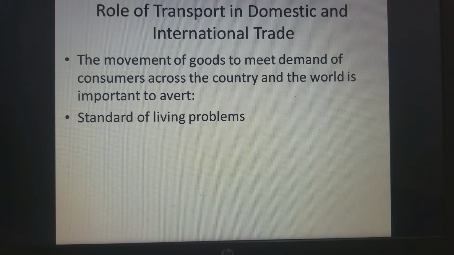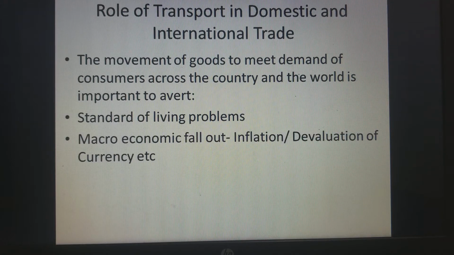If you are unable to transport goods across the world, it may affect the standard of living of the people in that country. Microeconomic fallout: if the goods are unable to move from the manufacturer quickly to the consumer, then you're going to have a rapid rise in demand for goods, and then inflation will increase and devaluation will affect the country's currency.